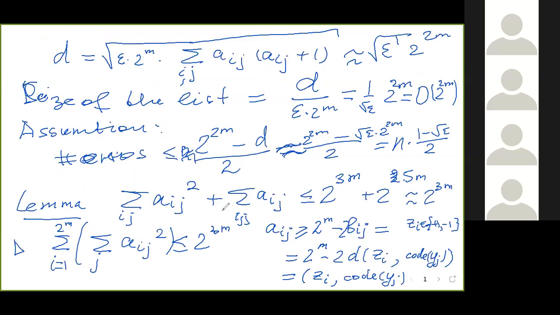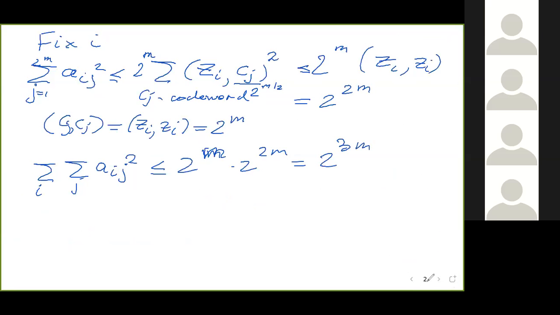Now we need to upper bound this one. And this will be done as follows. Again, fix i. The sum of all a_ij's, for fixed i, may be upper bounded using the inequality between the arithmetic mean and the quadratic mean.